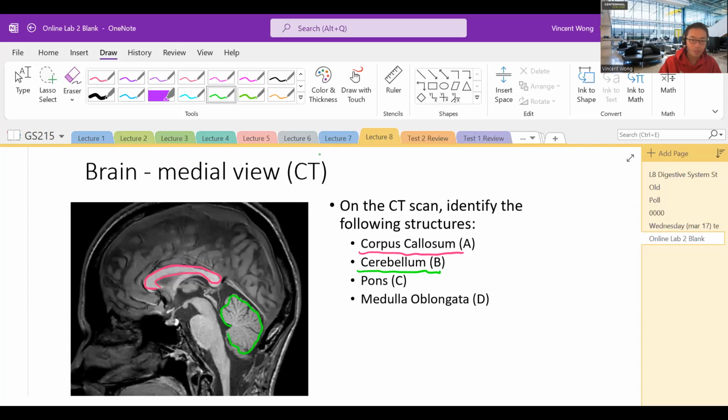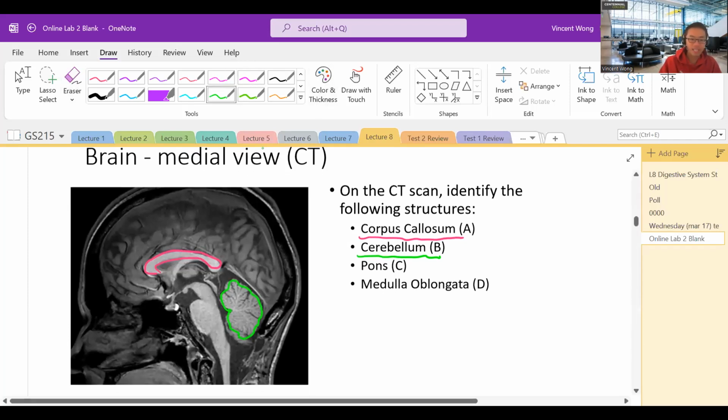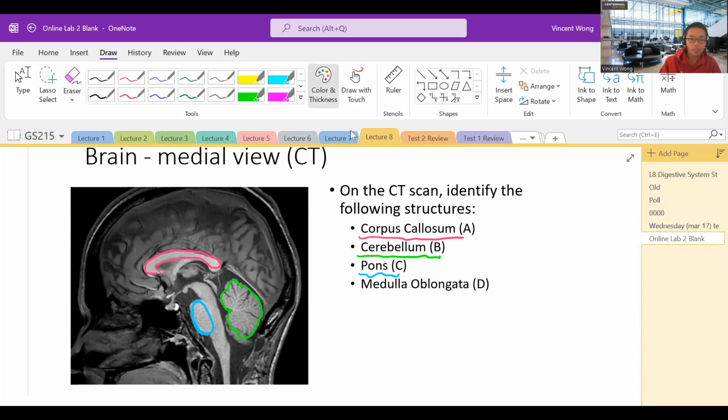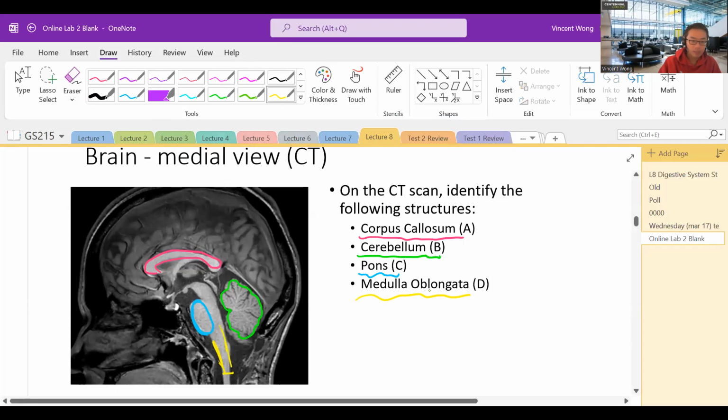Right, it kind of shows you that these things are real, right? Like I didn't make them up. You can see it in the CT scan. The pons, that's this thing right here. Right, and you can see the fourth ventricle between the pons and the cerebellum, right? And the medulla oblongata. Medulla oblongata is right here. Okay. Hopefully you saw that as well.